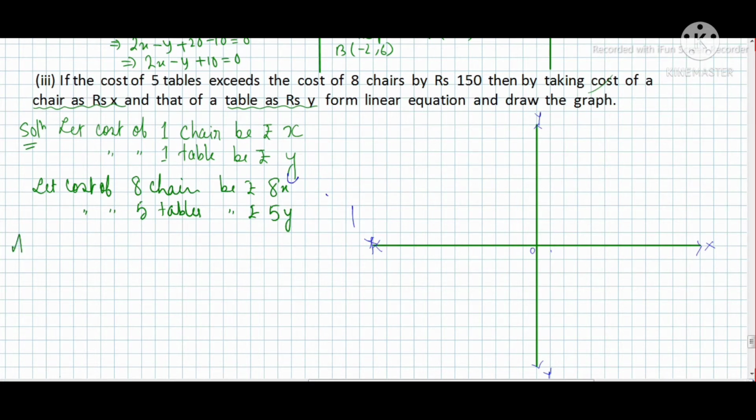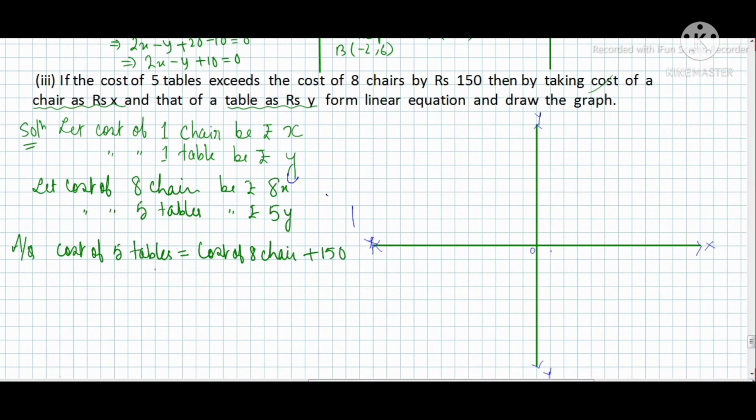Okay, now to form the linear equation. According to the question, the cost of 5 tables is equal to the cost of 8 chairs plus 150 rupees.